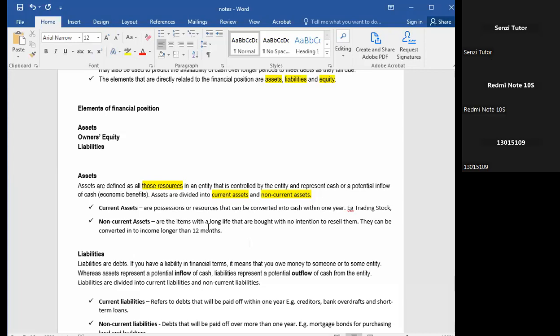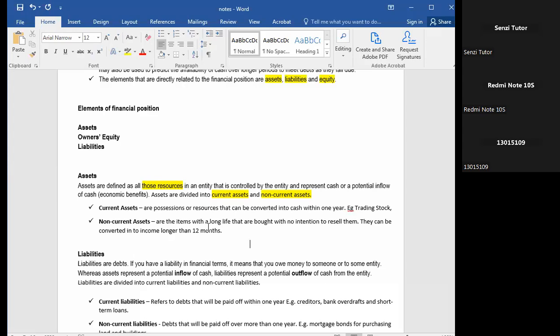For example, trading stock. If any asset is current, we can use it to get cash within 1 year. For example, trading stock. Trading stock is the goods bought in order to resell them at a higher price. Remember, when you are starting your business, maybe you're providing goods and services, you need suppliers, people who can give you those goods to resell to your customers.